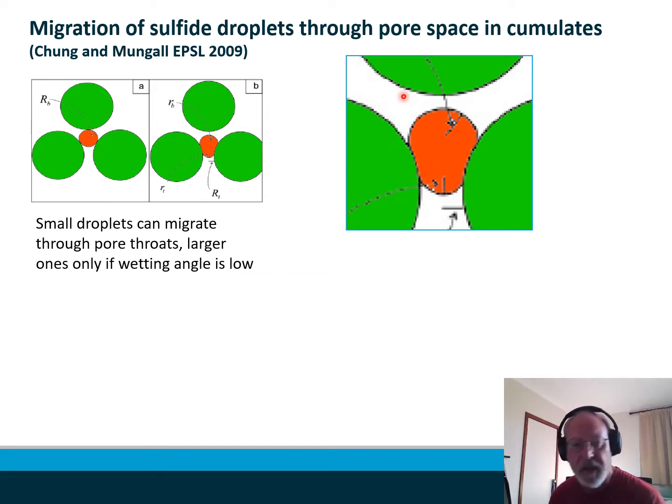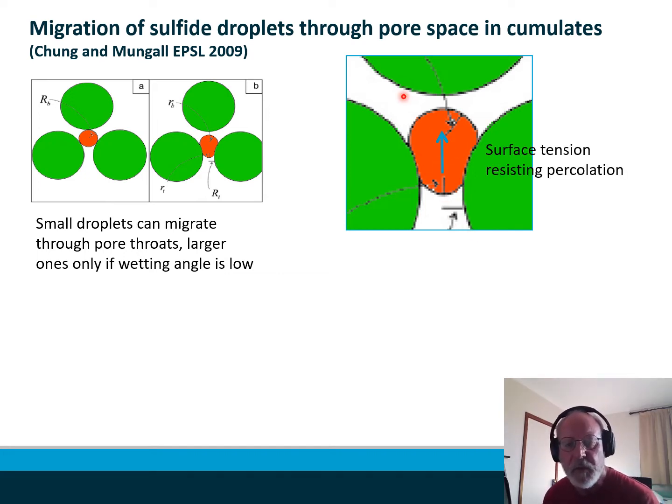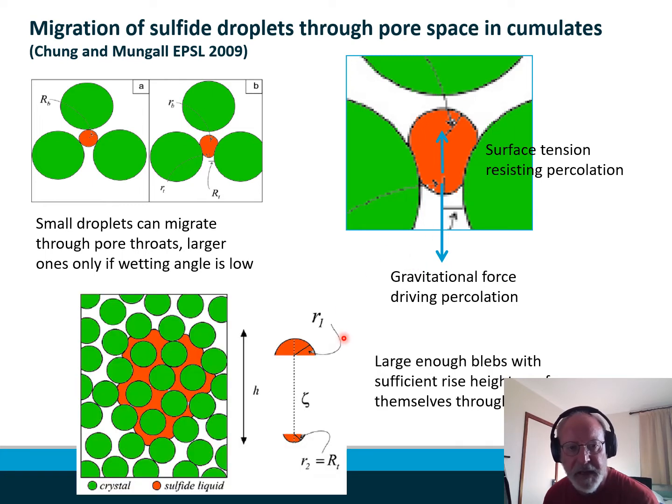So we've now got a surface tension force, which is acting upwards. It's resisting the tendency of the sulfide to percolate down through the pore space. And we've also got a gravitational force that's driving percolation through that pore space. So what that's going to try to do is deform that sulfide droplet and make it squeeze through the gap.